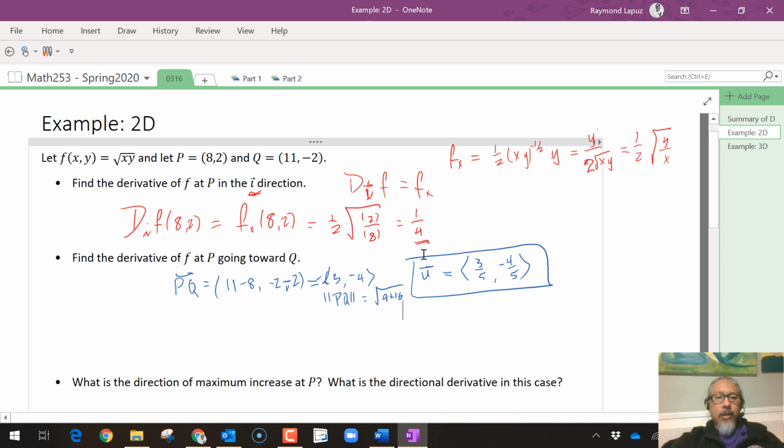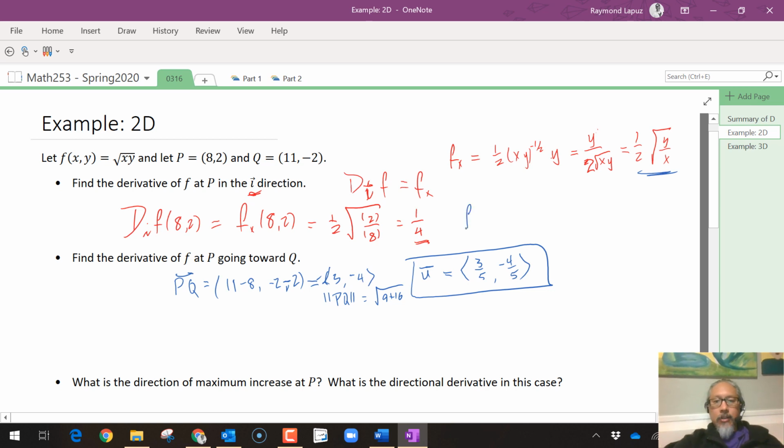We want now the gradient. We have the derivative with respect to x here, so let's find the derivative with respect to y, and that's going to be the same process. It looks like there's some symmetry going on there. We have the same thing: 1/2 times xy to the negative 1/2.